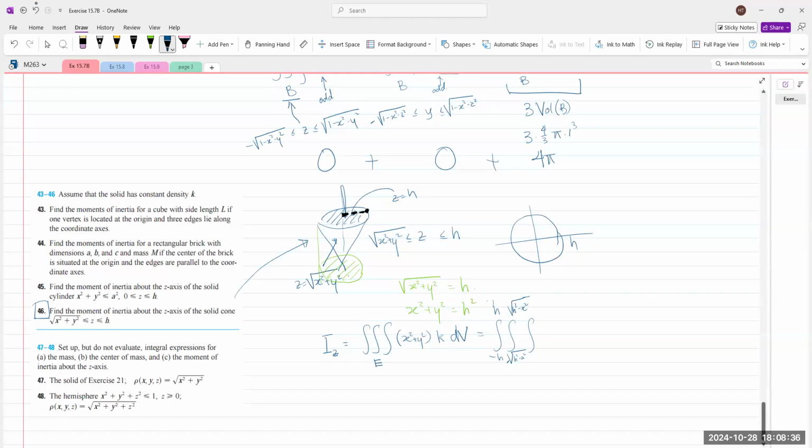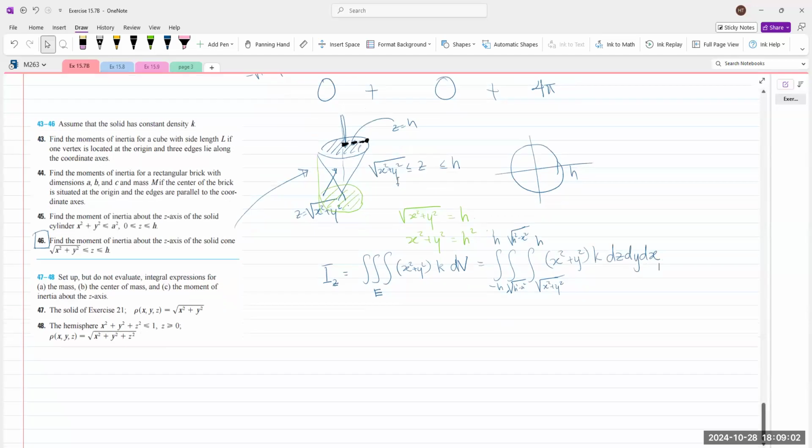And then as for the cone, it goes in from the square root of x squared plus y squared and gets out at h. You have x squared plus y squared k dz dy dx, which is a lot easier to do if we use polar integrations. Let me use polar integrations right now.